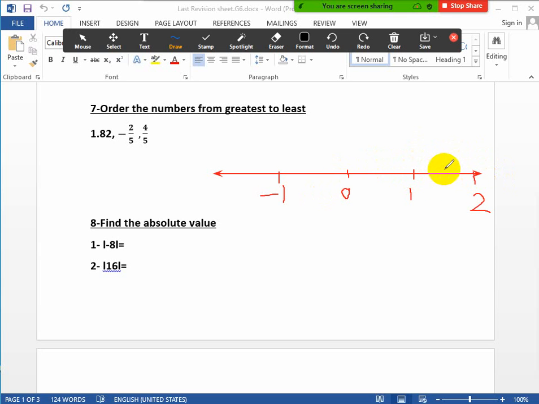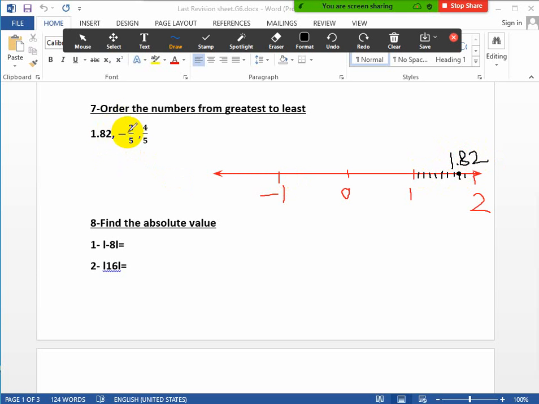So you have to divide this distance into 10 equal parts, like this. Okay, this is 1, 2, 3, 4, and 5. Count 8. That means after 1, 1, 2, 3, 4, 5, 6, 7, 8. This is the point. 1.82.